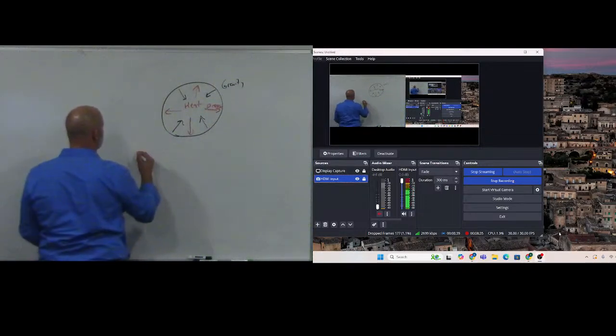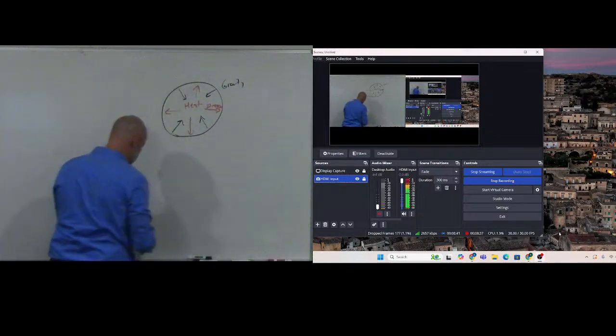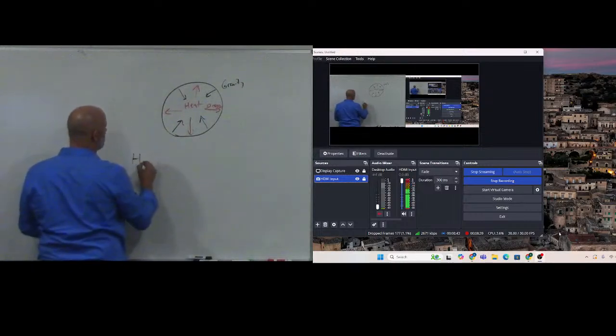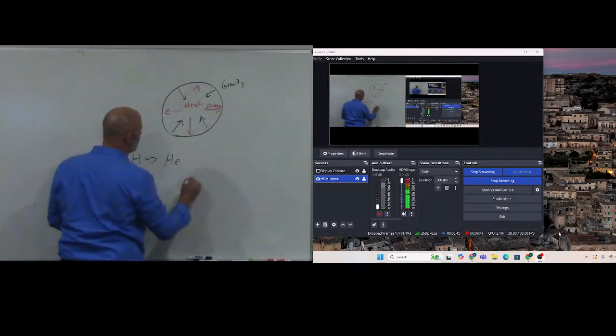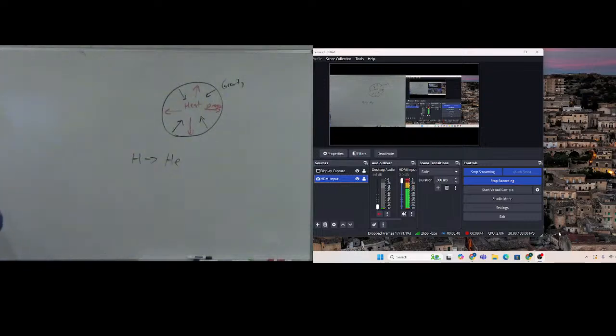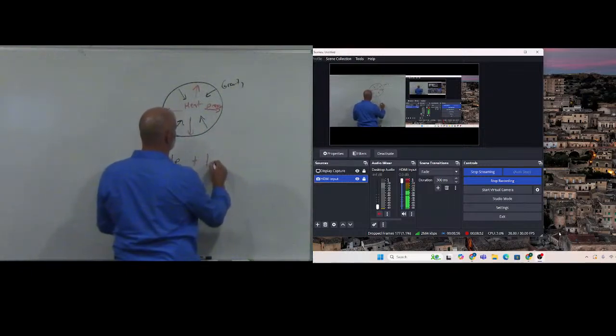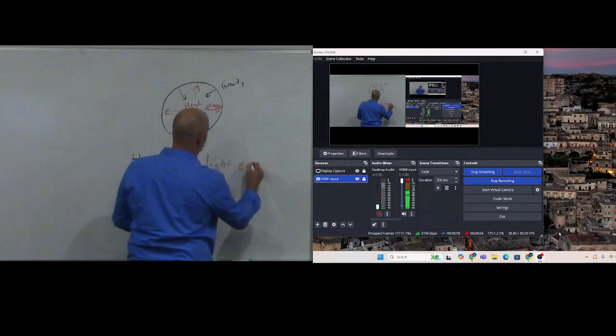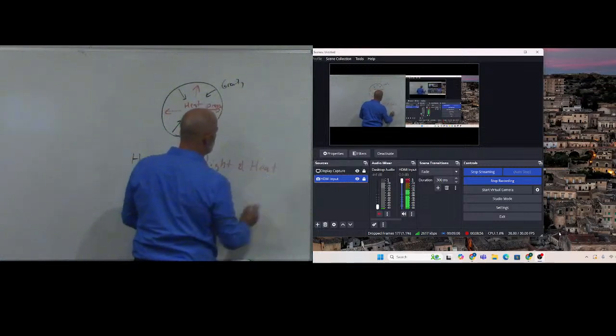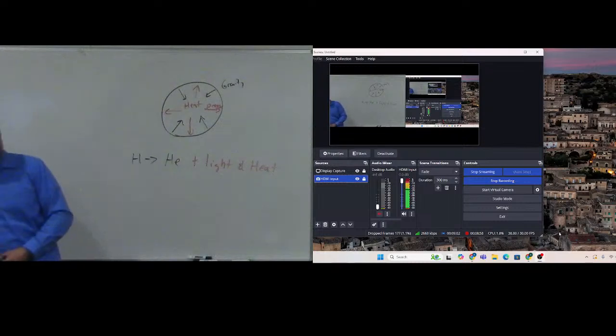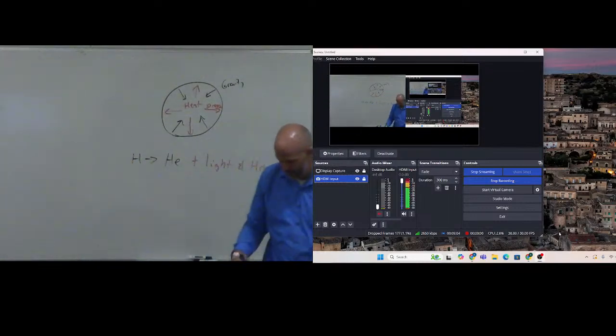So, taking hydrogen, making helium, we release a little bit of energy, right? In the form of light and heat primarily. Very low percentage of this becomes light and heat though.